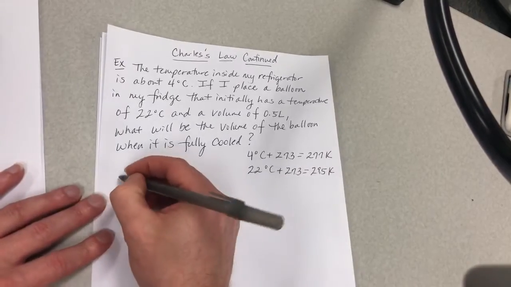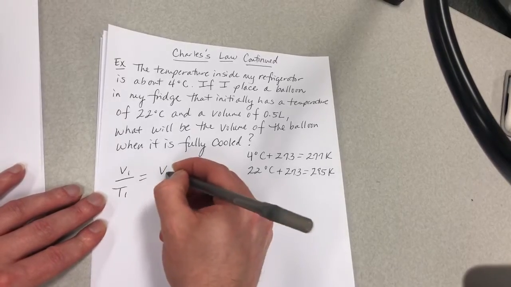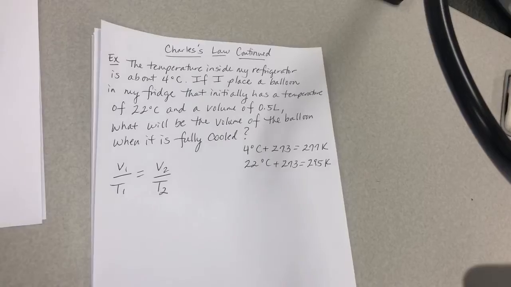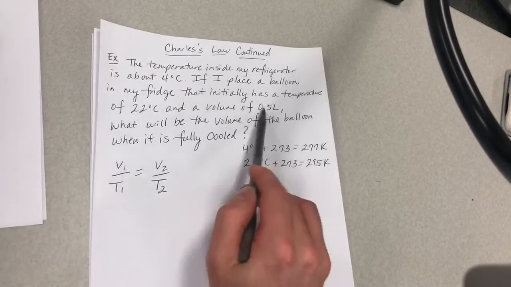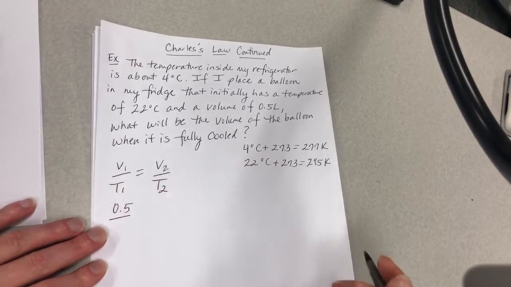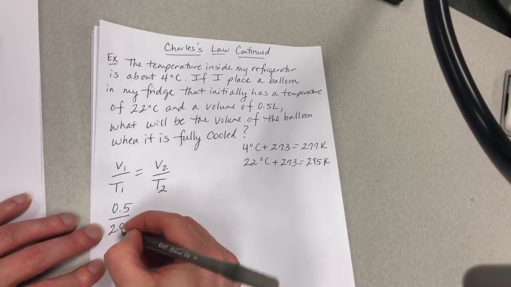Okay, so we're going to use our formula for Charles' Law: V1 over T1 is equal to V2 over T2, because we're dealing with volumes and temperatures in this question. My initial volume and initial temperature are these conditions right here. It's going to be 0.5. T1 is 22, so we're going to use the 295.